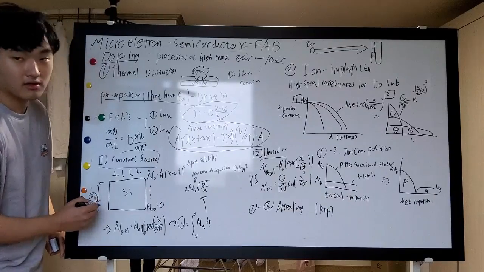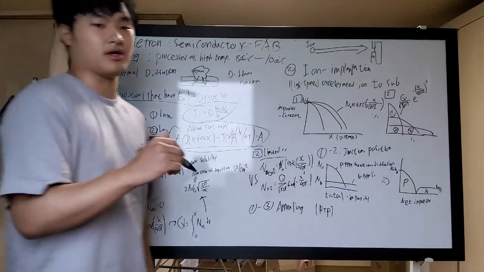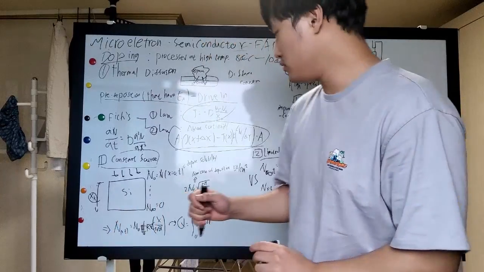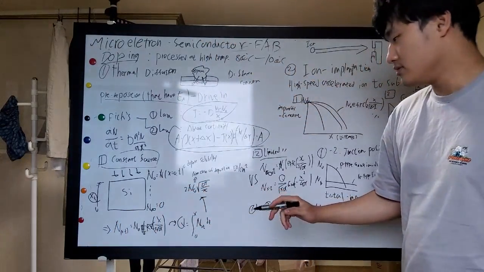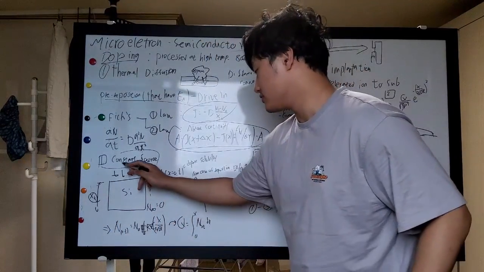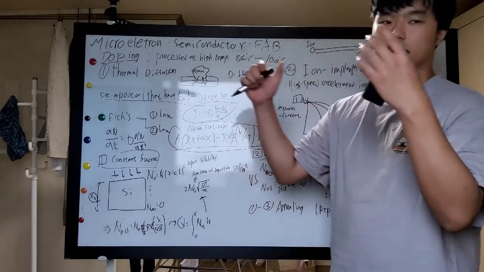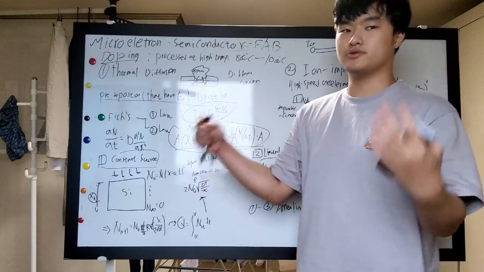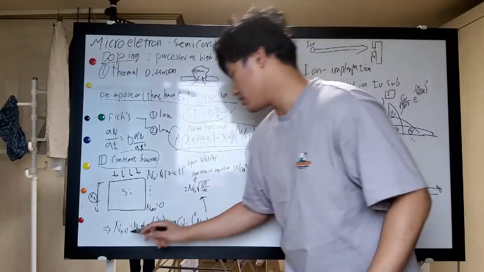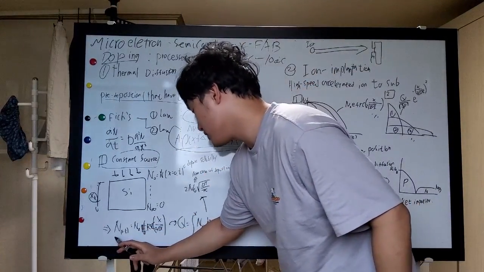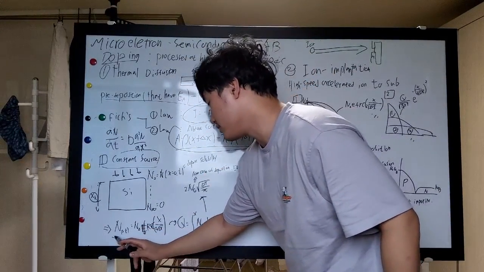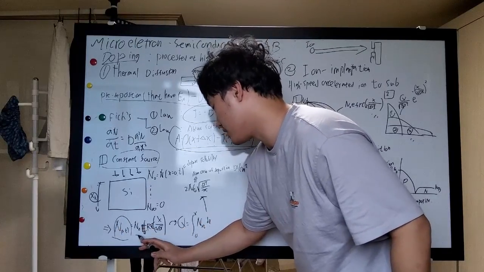The x, the x means the height that has been doped. So first, for the constant source, this case means the dopant source is kept supplied continuously, and the equation of how the density will be is like this.